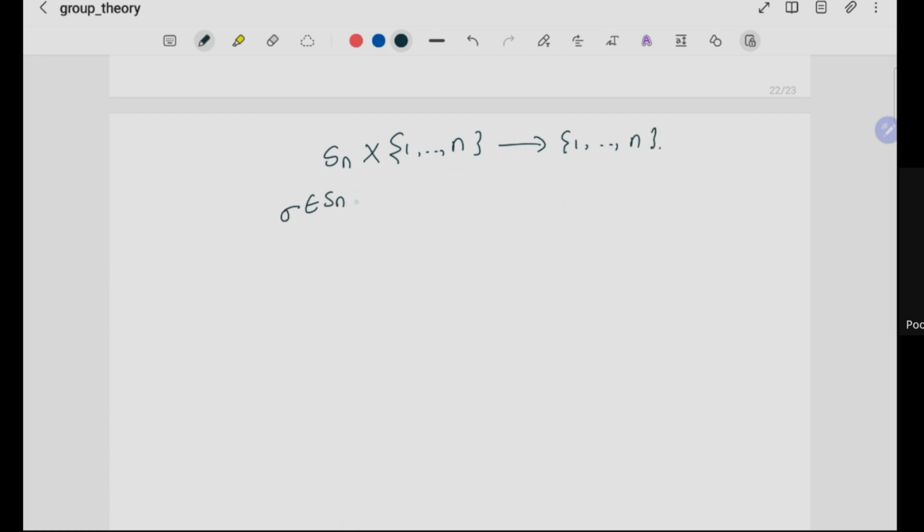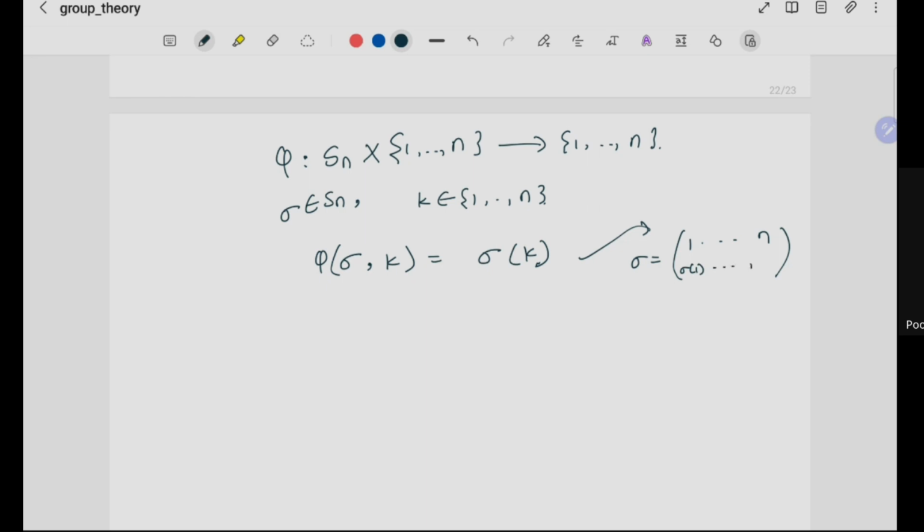Any sigma belonging to Sn and any k belonging to 1 to n, let me call it a map, sends the pair sigma, k to sigma of k. What does sigma of k mean? Sigma is some permutation of n variables, so sigma of k is where the kth element in this permutation goes. Okay?